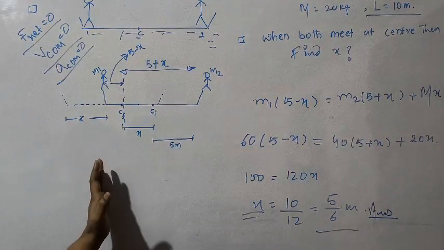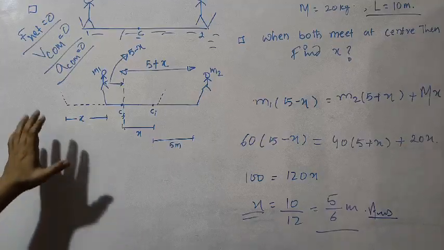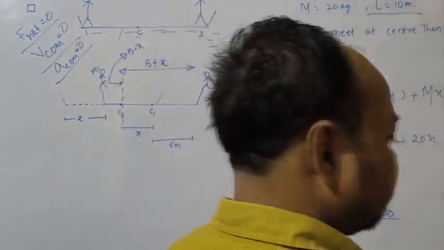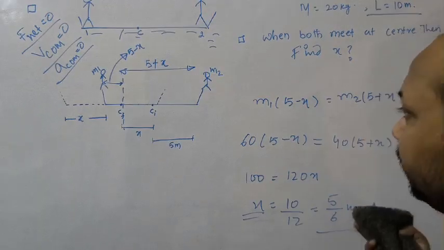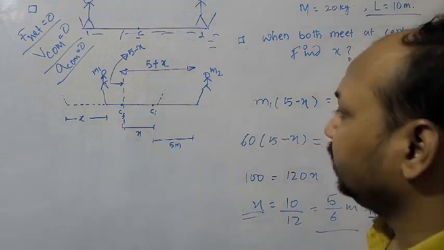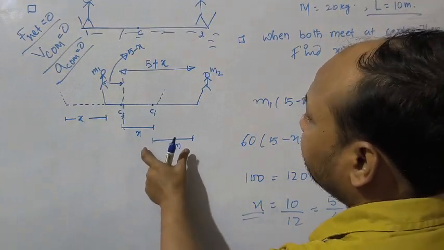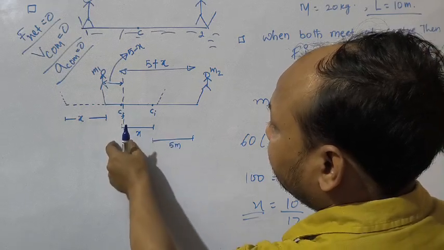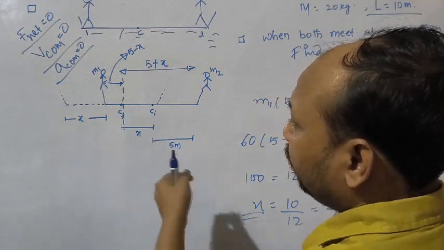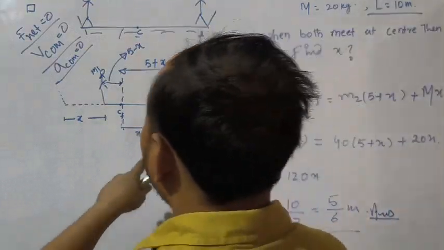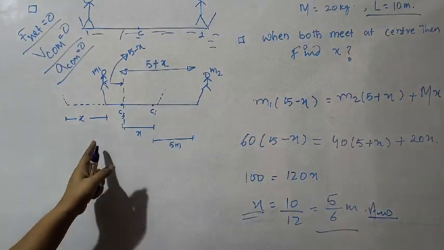I hope you are getting a good understanding of this question. Let's discuss another question. These are basic questions. See, in this question what we have seen is that the net force is 0 in one direction, and also the net force is 0 in every direction, for a system.